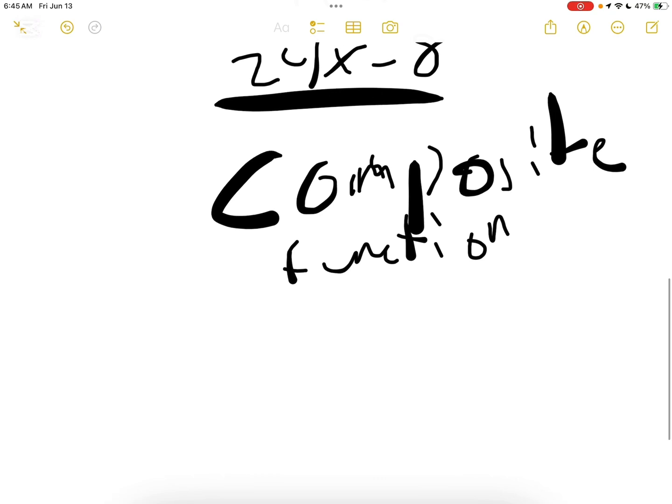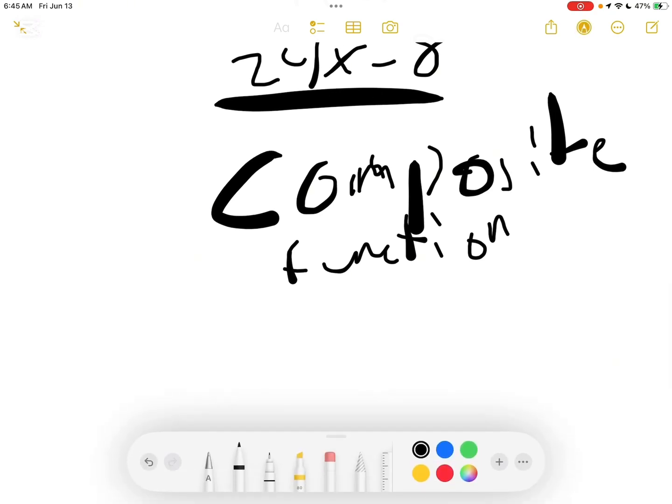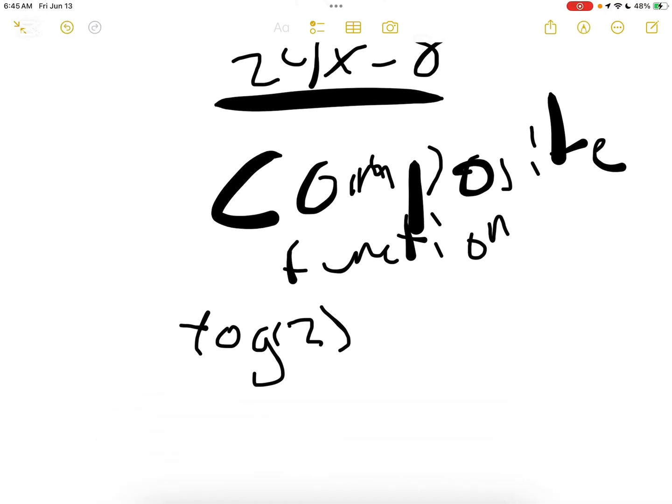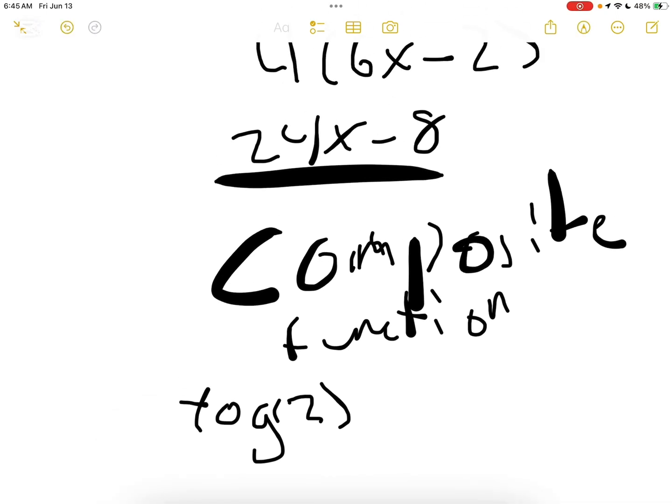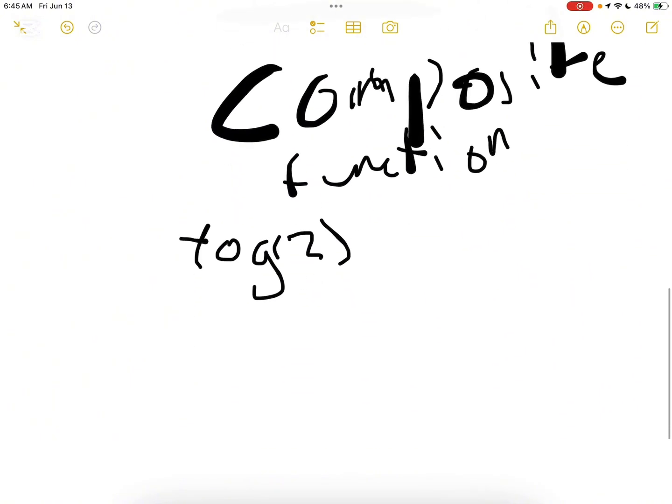So, knowing that, sometimes you'll get stuff like this: f of g of, but instead of it being x, it'll be a number, something like 2. So if it were 2, and we've already done this, all we need to do is factor 2 into our x's.